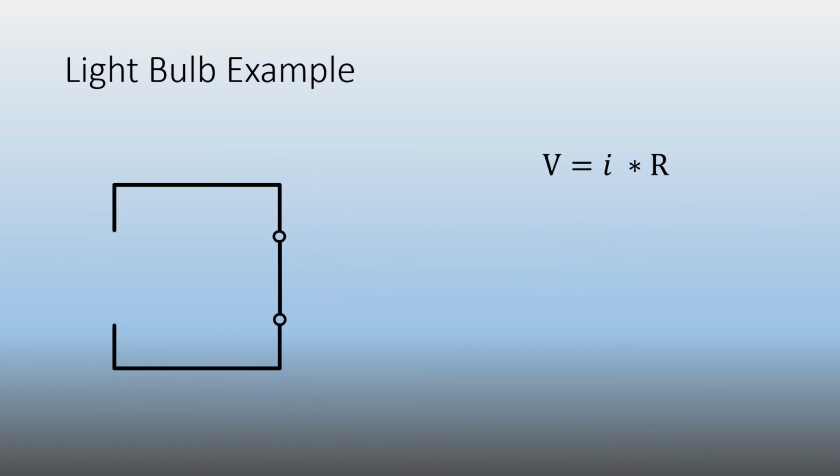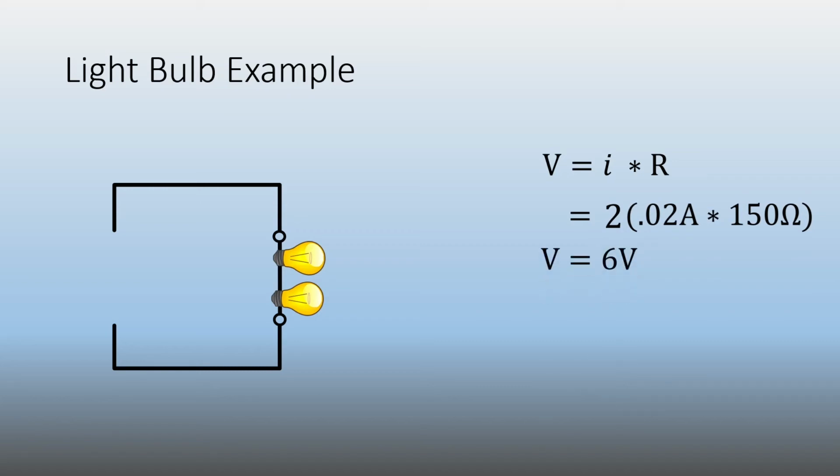What if we were to add another light bulb to our circuit? Could we figure out how many batteries we would need? Yes, we can. So remember the parameters we were given for the first light bulb? It was 0.02 amps and 150 ohms. Well, now multiply that equation times 2 because we have 2 light bulbs. And what we find is that 6 volts are required to run the 2 light bulbs.